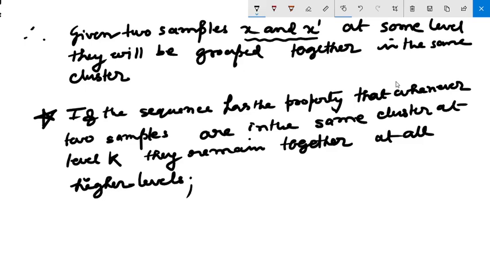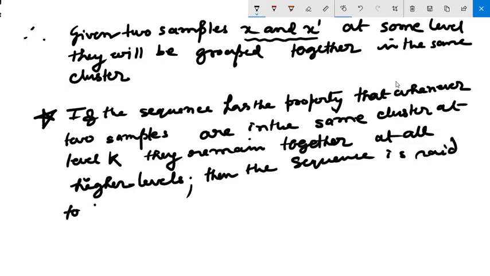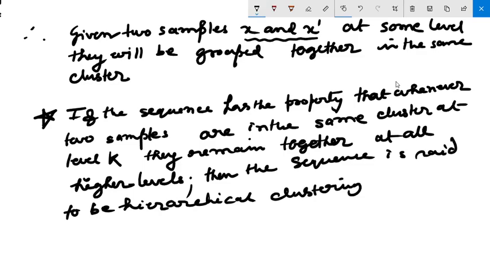Then the sequence is said to be hierarchical clustering. Okay, this is the definition of hierarchical clustering.